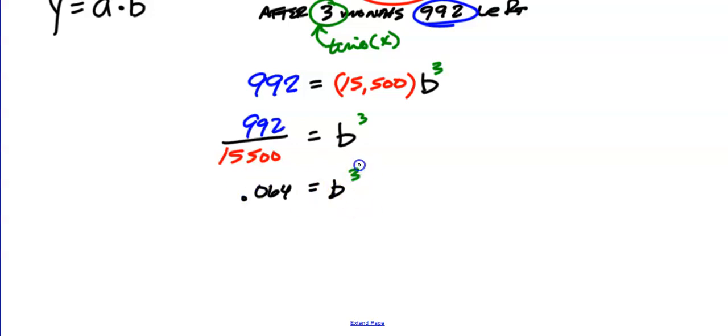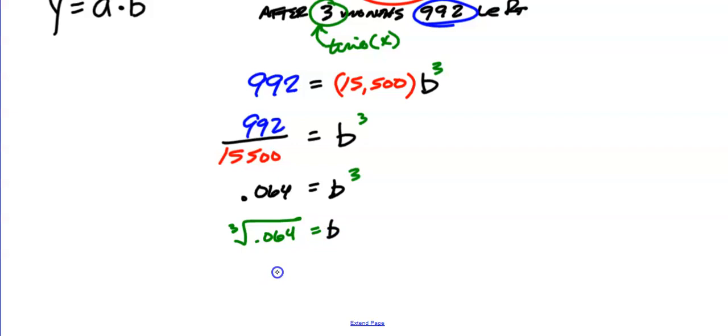And then all we have to do is undo this cube, or to the power of 3. So that just means we just got to take the opposite of that to both sides. So we are going to take the cube root of 0.064, and that's going to equal our percent decrease or increase, probably decrease, because the hotel rooms are going to go down. So that ends up being 0.8.